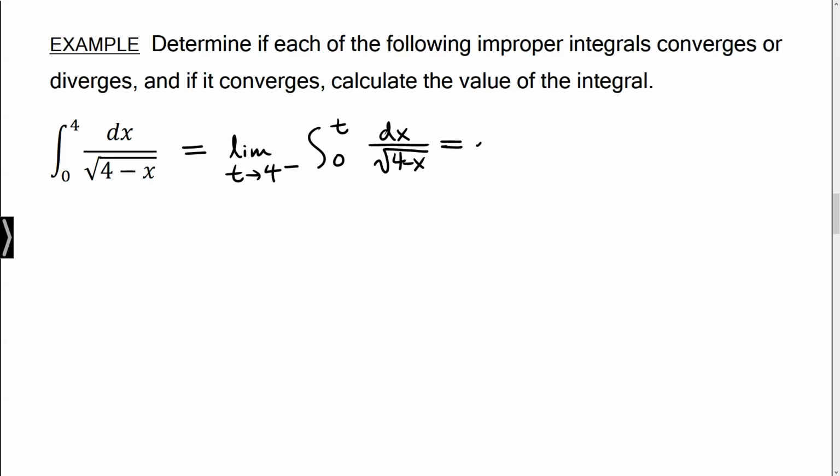Now, to integrate this, I think the easiest way is just to recognize this as 4 minus x to the negative 1/2 power.